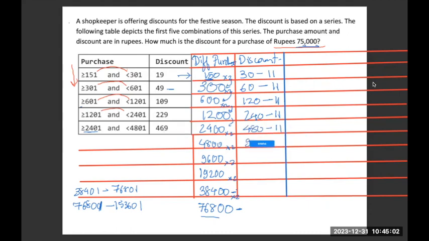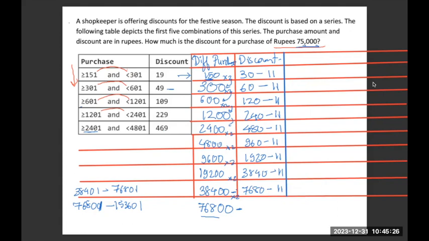Likewise, I'm just going to keep on writing it. 960 minus 11, 1920 minus 11, 3840 minus 11, 7680 minus 11.